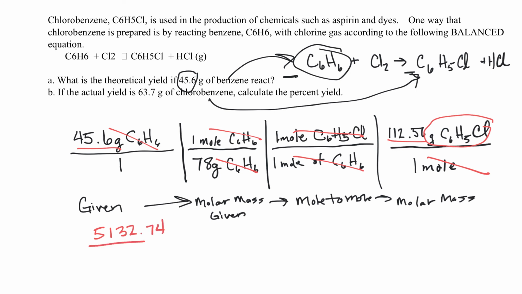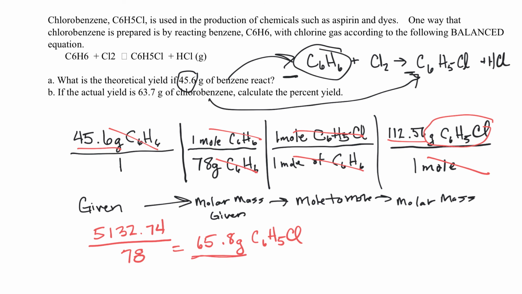And that's going to equal 65.8 grams of C6H5Cl. So theoretically, this is how much we should be able to get.